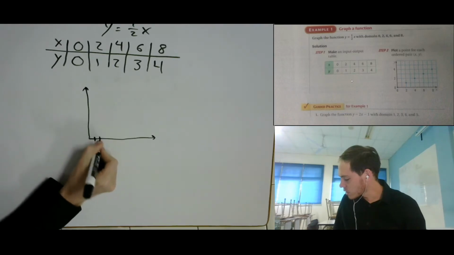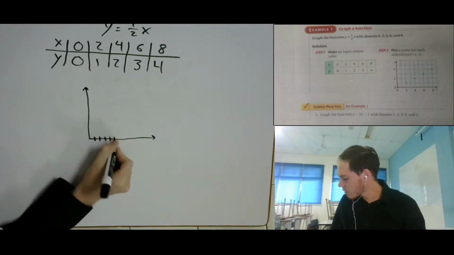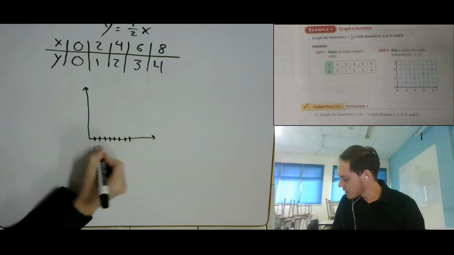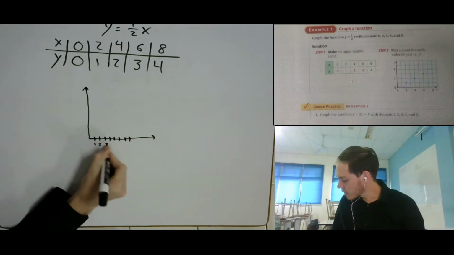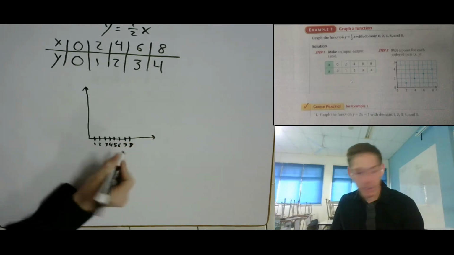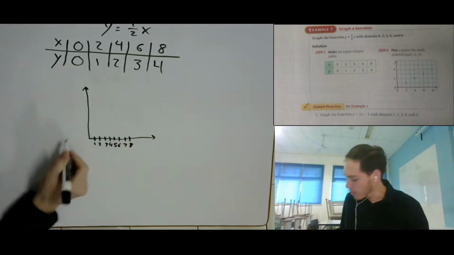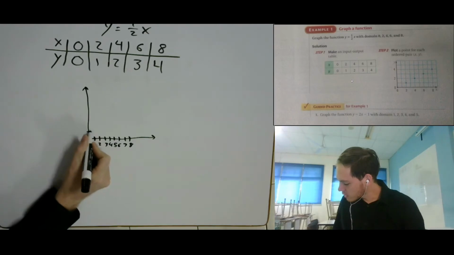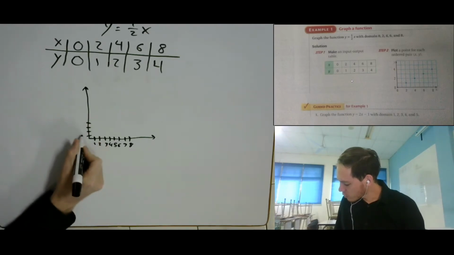So let's go 1, 2, 3, 4, 5, 6, 7, 8. This is just going up by ones. 1, 2, 3, 4.